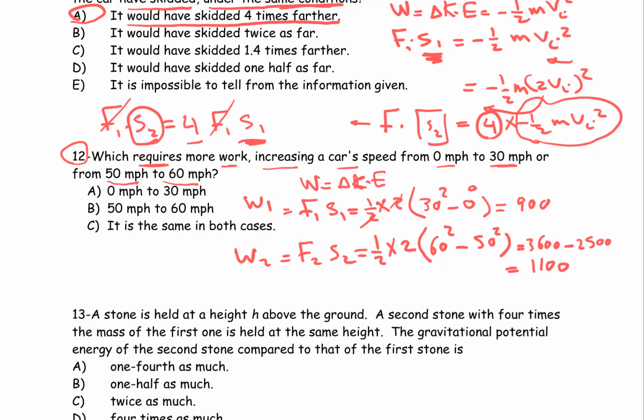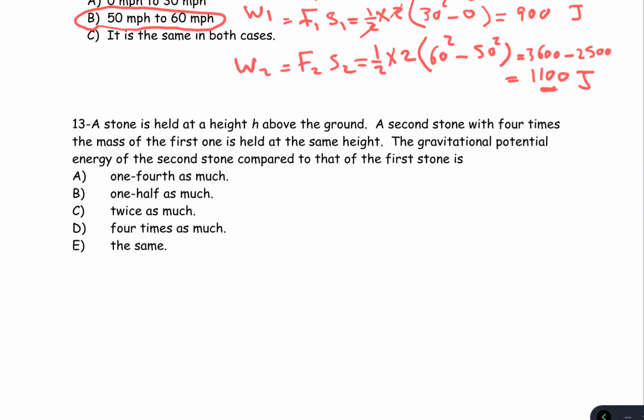So as you see, the second case requires more work, right? So from 50 miles per hour to 60 miles per hour, it needs more work. As you see, we imagined the mass of the car 2 kilograms for both, and we imagined these speeds in meters per second for both.